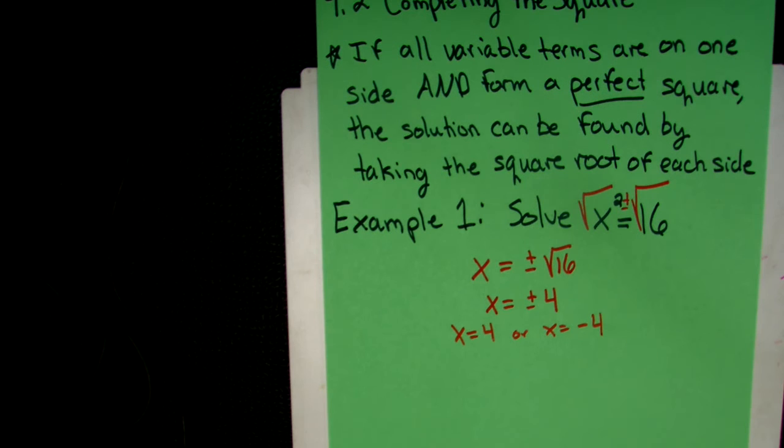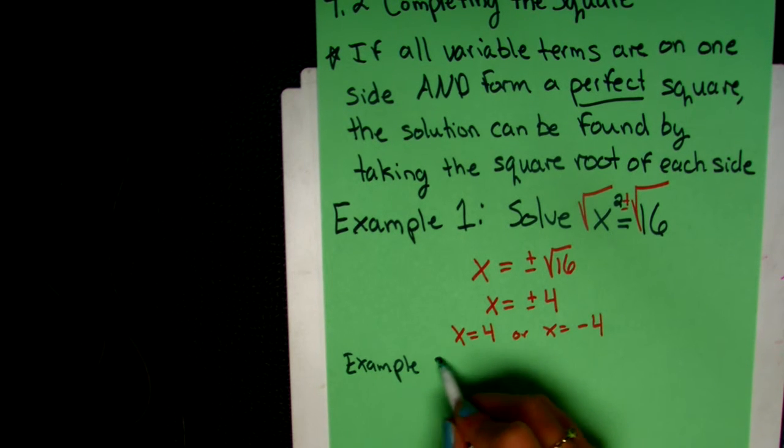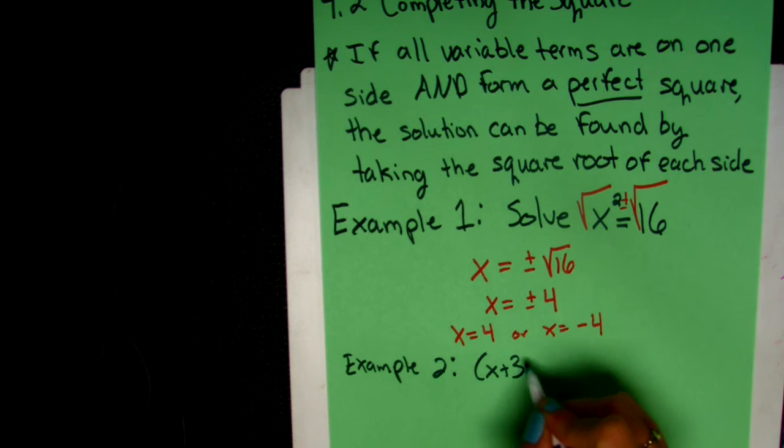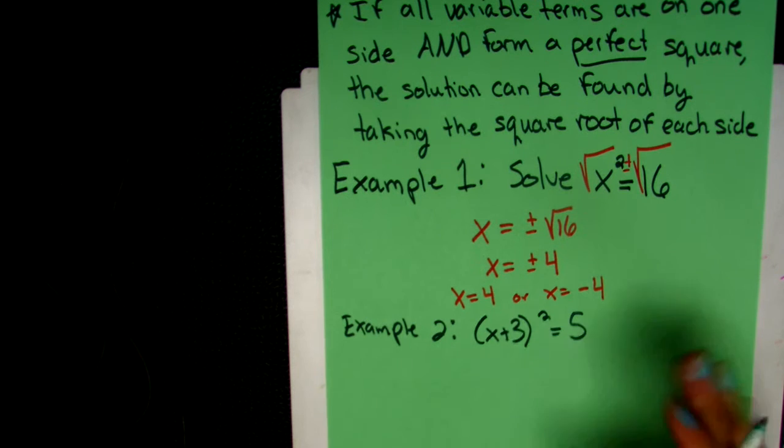Okay, so let's go ahead and do a little bit more difficult one. That was kind of a simple perfect square. In example 2, it's going to get a little bit more complicated. Example 2 looks like this. X plus 3 squared equals 5.